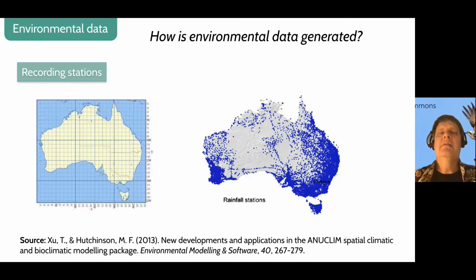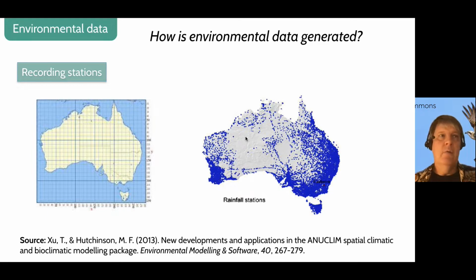It's also worth considering how these environmental data are often generated. We're just putting a grid across Australia, right? And within each grid cell, we're saying, well, how much rainfall was there? Well, there's no rainfall stations actually giving us data here in the middle of Australia.